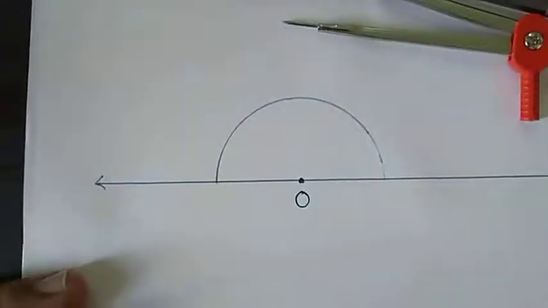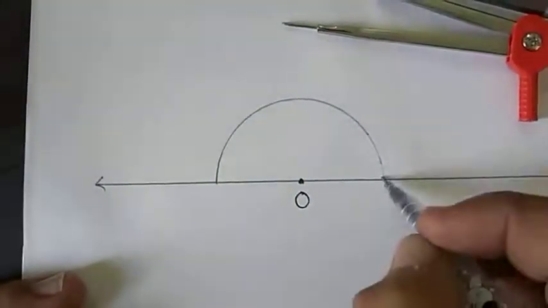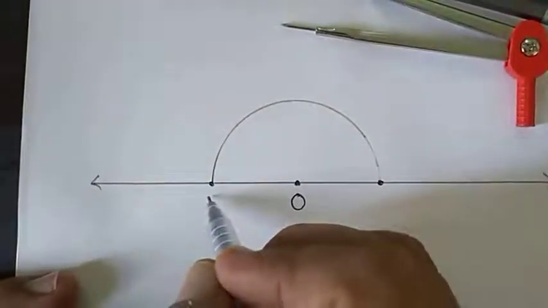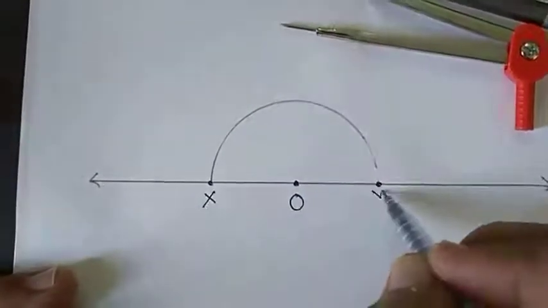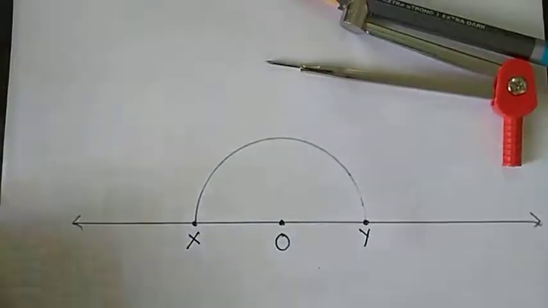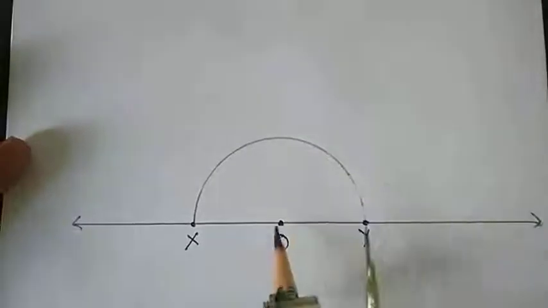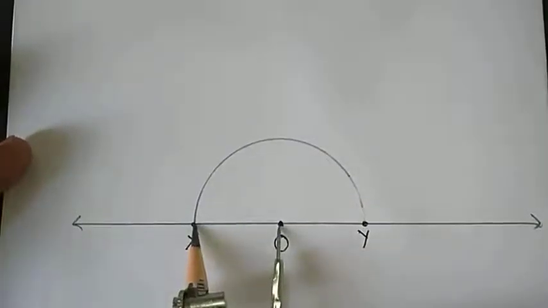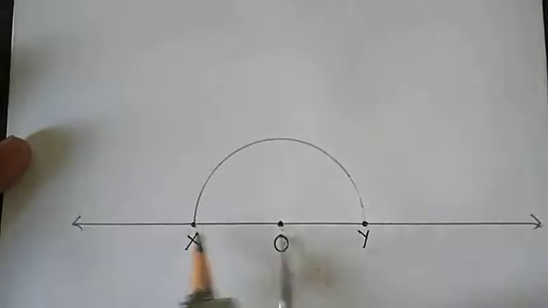Then the intersecting point on this line will be named as X or Y. You can give your own names, A, B, whatever you like. Now we know that OY distance and OX distance equal.